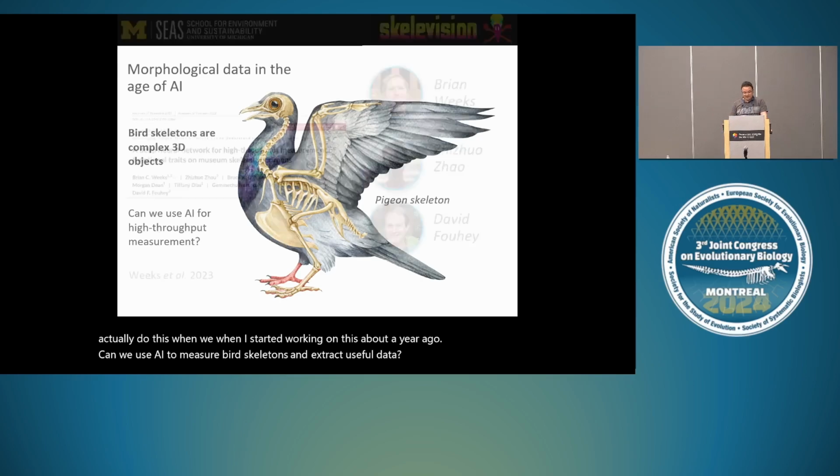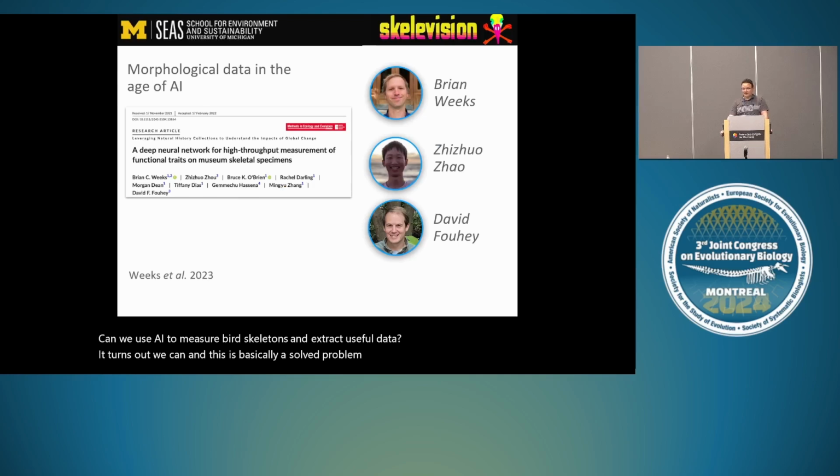Well, it turns out we can, and this is basically a solved problem now, especially now that we're in this AI revolution. There was a paper published by my current advisors about a year ago that describes a neural network approach for measuring bird skeletons, specifically passerine bird skeletons, songbird skeletons.